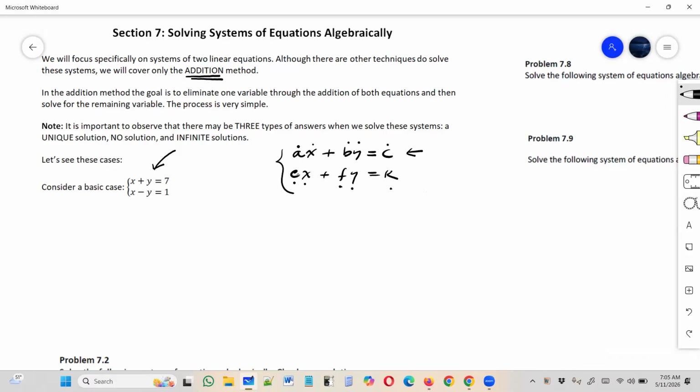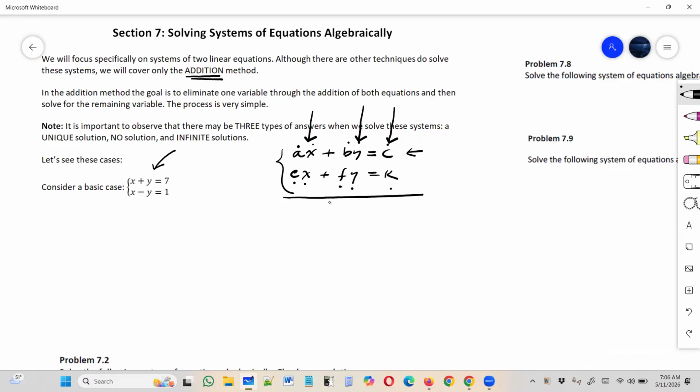Before we even begin in attempting to solve this system, the way that we have to set it up is exactly the way you see here. Okay, we're going to line up all of the x variables on top of each other. We're going to line up all of the y variables on top of each other and the numbers on the other side.